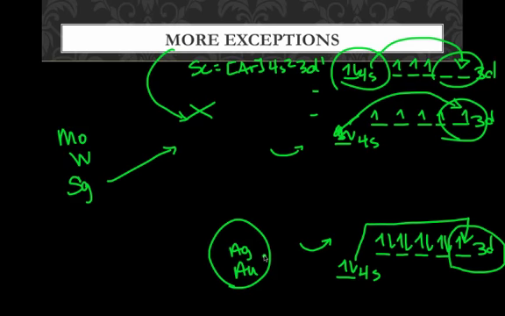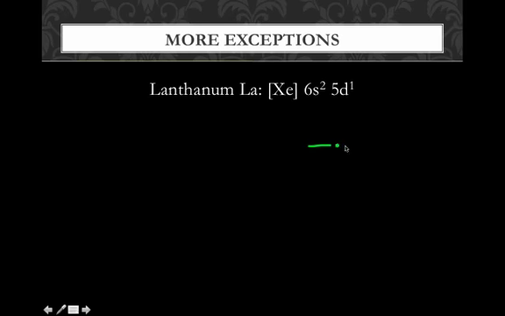In the f orbital, there are more exceptions, other things that will do this as well, because of the same reason in the f block. Remember, f has, so let's say 6s is full, and then we have the f orbitals to fill up. 1, 2, 3, 4, 5, 6, 7. So here's our 4f.